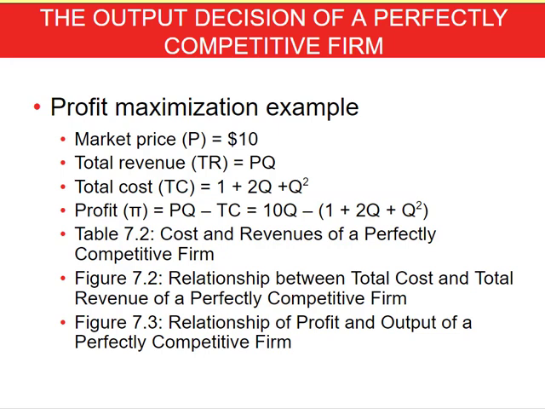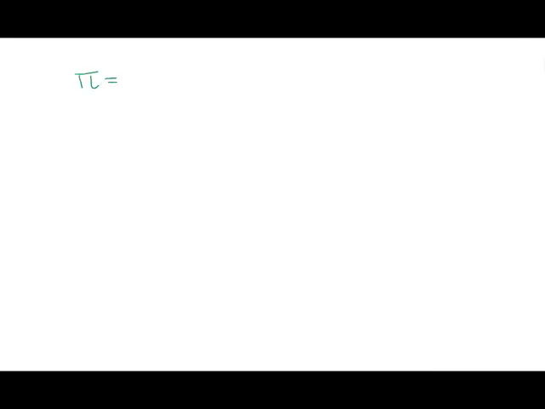Okay, let's solve the profit maximization problem as a manager whose total cost follows 1 plus 2Q plus Q squared and total revenue is 10 multiplied by Q. And we want to find the output of your product that maximizes your profit. So the profit function pi equals total revenue, 10 multiplied by Q, minus total cost, which is 1 plus 2Q plus Q squared.